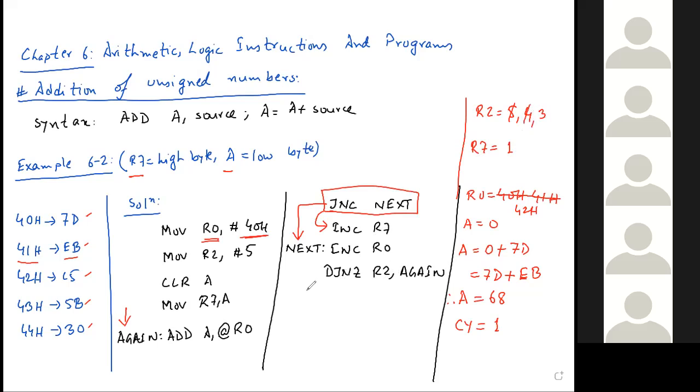It is not yet 0. So again we jump to the level again. Again now you are adding over here. So if you add A comma @R0, what will be added? Tell me. What are the two numbers that you will add in this particular line now?